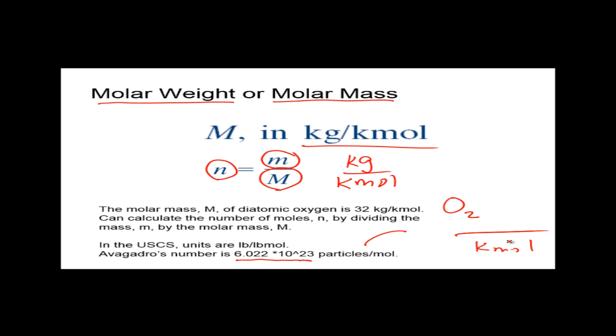Is it 6.022 times 10 to the 20, or times 10 to the 26, or 10 to the 23rd? So if this is Avogadro's number, what is Avogadro's number equal to, 6.022 times 10 to the 23rd per kilomole, particles per kilomole? Or what? What is this exponent right here, if I want to talk about kilomoles instead of moles?